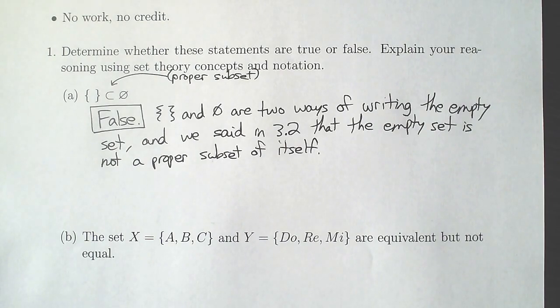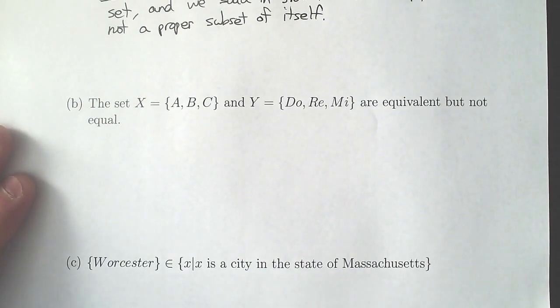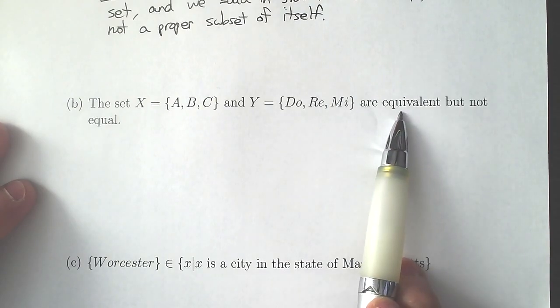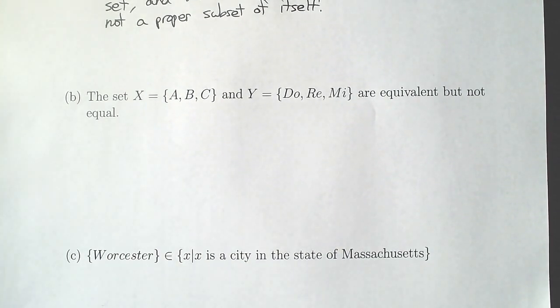I think that's how that note was phrased. All right, let me save B and C for you to try on your own. This one wants to make sure you know what the word equivalent means, what the word equal means. All right, so let me save those.